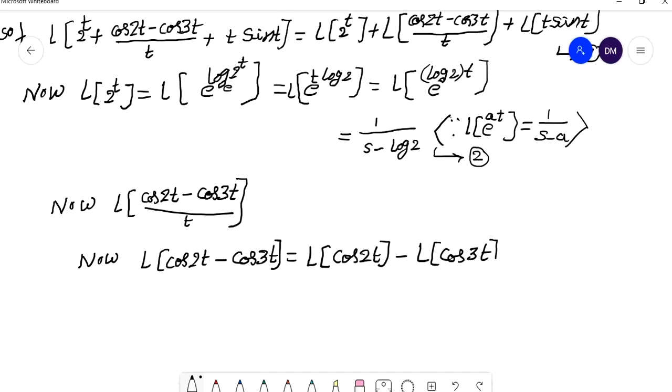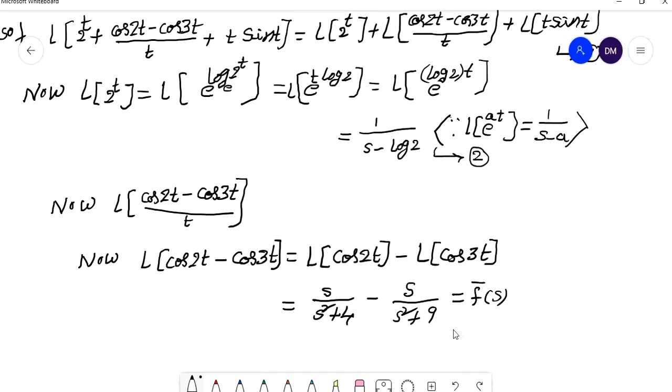L of cos 2t is s by s square plus a square, where a square is 2 square, which is 4, minus s by s square plus 3 square, which is 9. Take this as a bar of s. Now what do we want? L of (cos 2t minus cos 3t) by t.